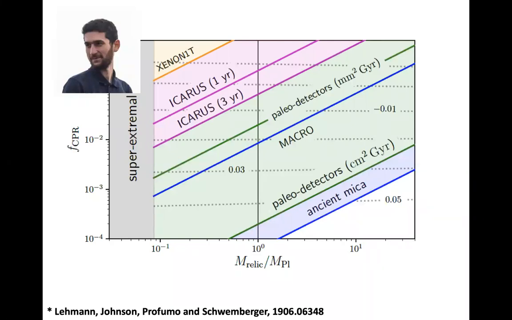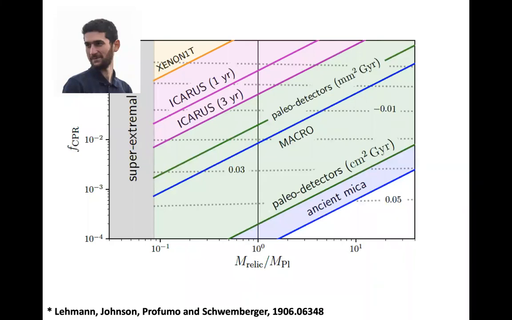And you can do that with Pauli detectors. And so even a centimeter squared Pauli detector that's been around for a giga year could have an imprint of the passage of a very slow charged particle.